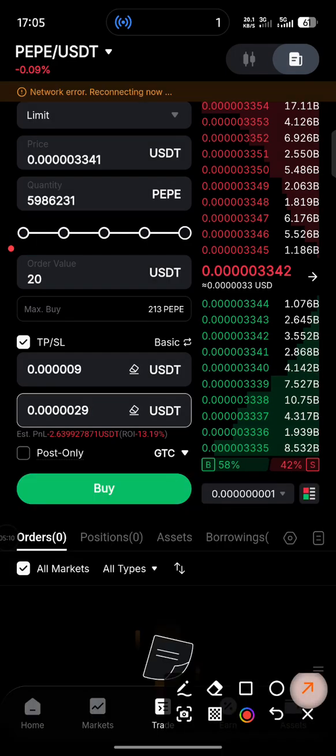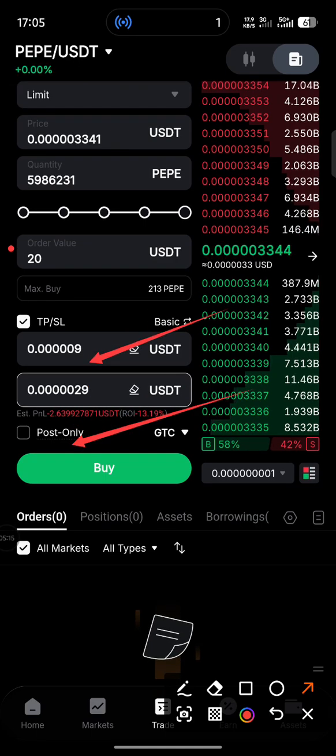You can see right here, I'm just going to lose 2%, and with this I'm going to make 34 profit. So without wasting time, I'm going to click on this buy in order to proceed to the next level.